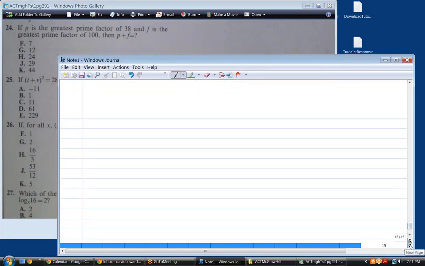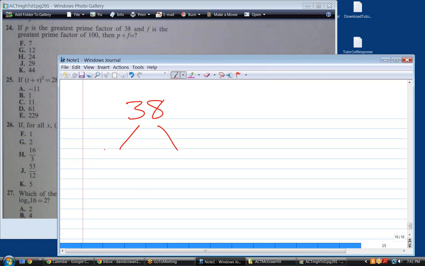Okay, don't get scared by the prime factors. These are actually pretty easy. 38 and the greatest prime factor. Give me the prime factors of 38, using a tree.